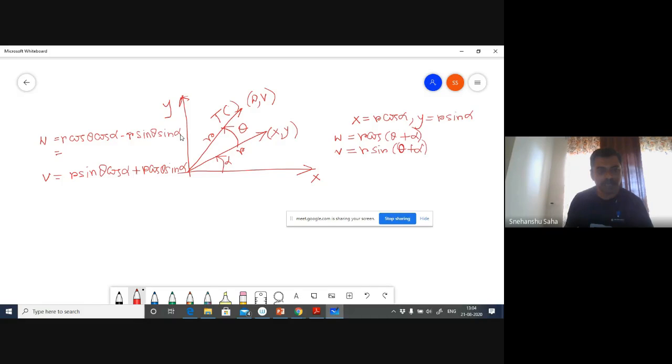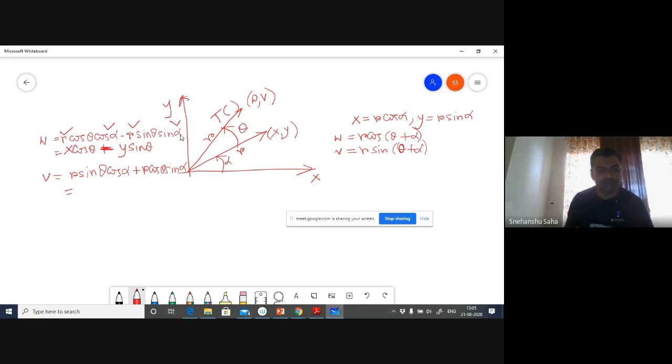Interestingly enough, you see there is this r cosine of alpha and r sine of alpha. What are these? You know that r cosine of alpha is x, and so this is x cosine of theta. And there is a minus, sorry. And there is r sine of alpha, so that is y, so there is y sine of theta.